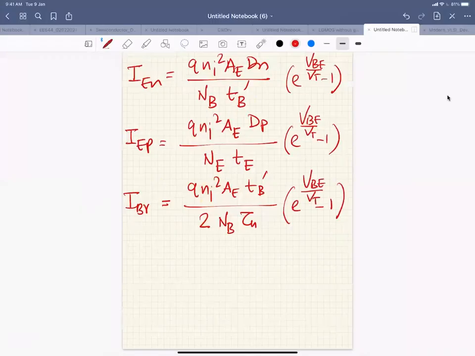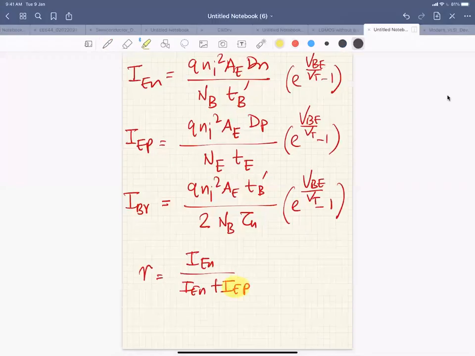So now I have IN, IP, IBR, right? And if I want to find my emitter injection efficiency, or let's do one by one. Emitter injection efficiency eta is equal to IEN divided by IN plus IP, right? So this is not the useful component.